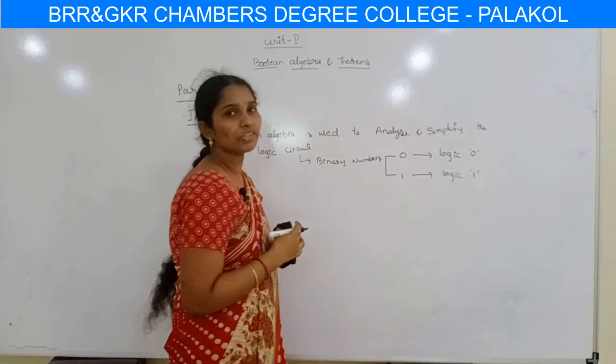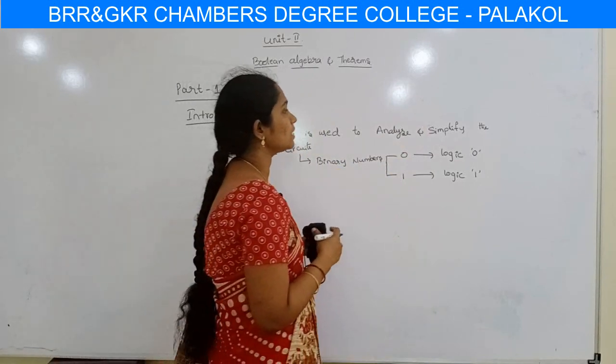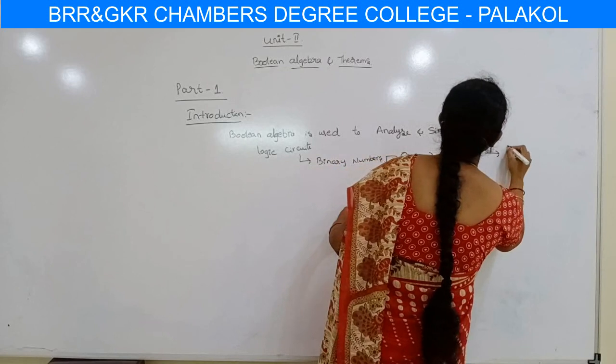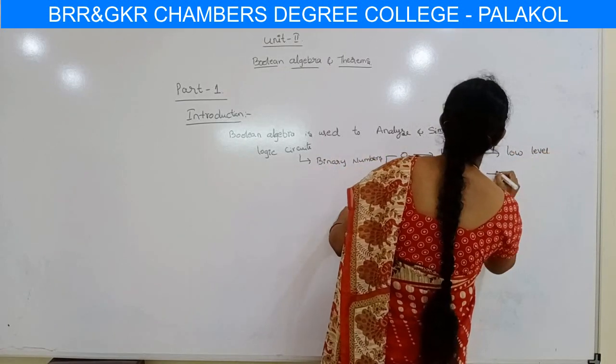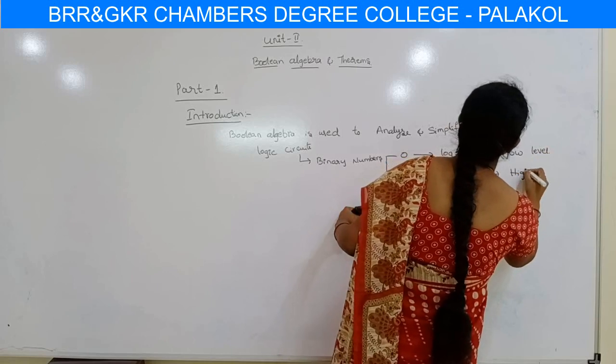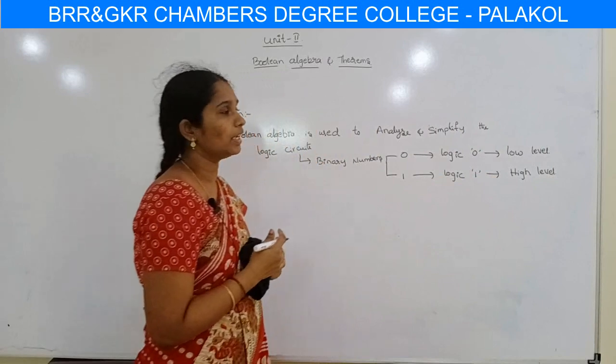That means logic 1 and logic 0 are represented in the form of voltages. Therefore, this is a low level, and this is a high level.